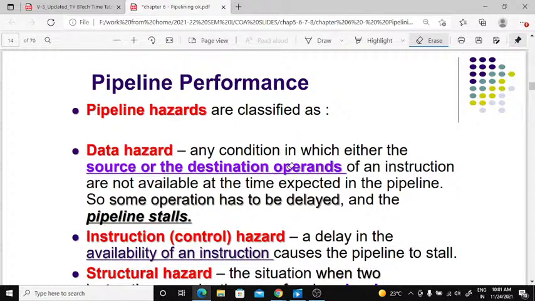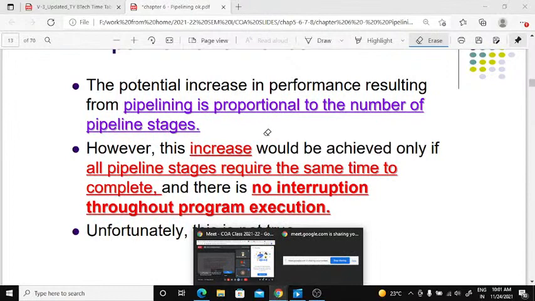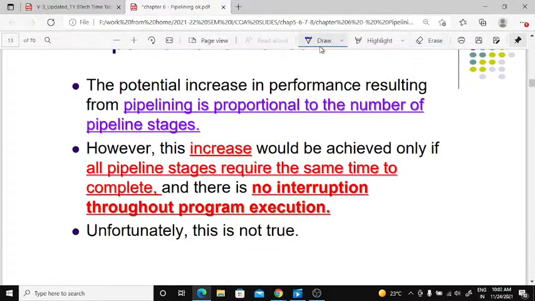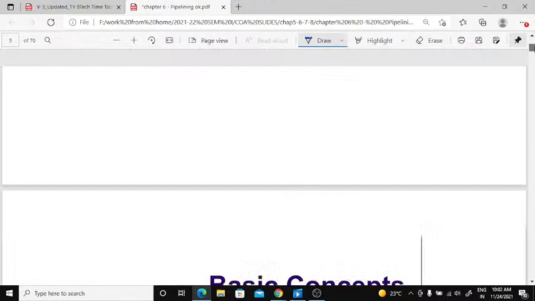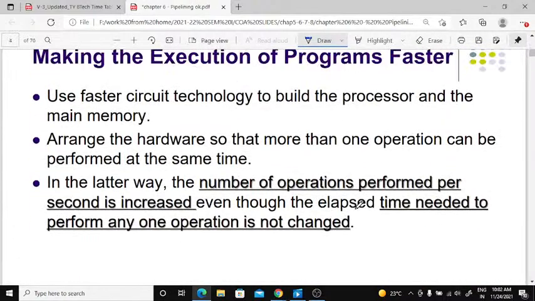So I hope the screen is visible. So in the last class we discussed the pipelining techniques.